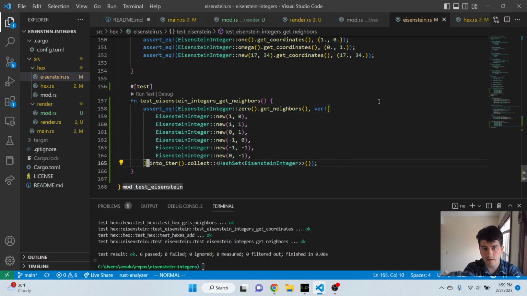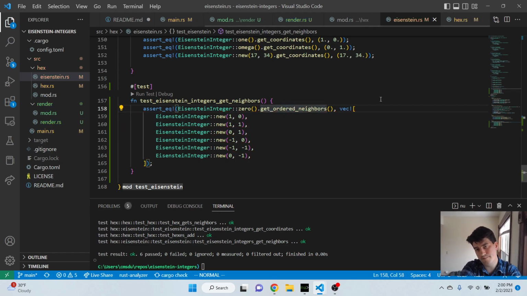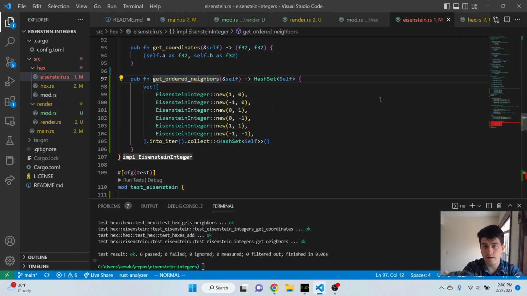Let's get rid of this, and let's rename this get ordered neighbors, and it'll just return a vec. Get rid of this.